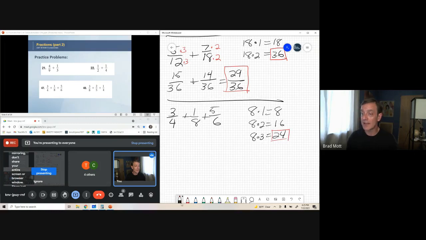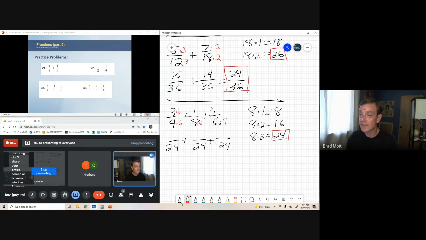All right, now let's take that information and rewrite our fractions with that common denominator. We know it's all going to be set over 24. 4 times 6, 8 times 3 is 24, and 6 times 4 is 24.